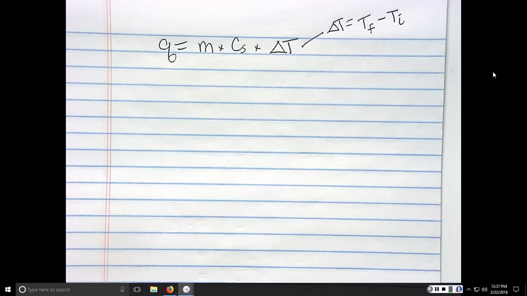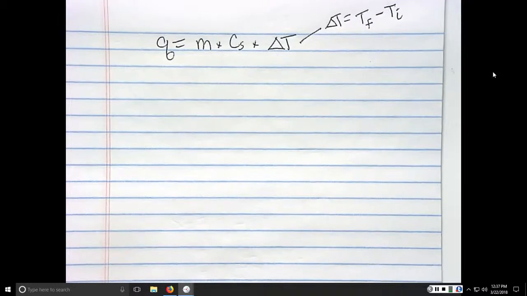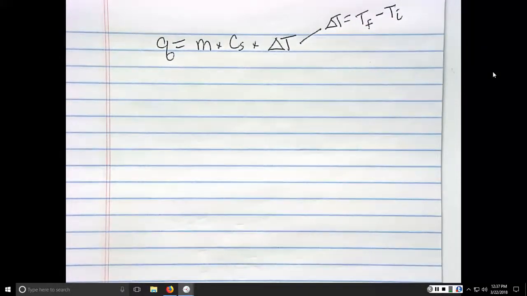I really wish you guys would do this lab, but you don't, and I don't understand why. But one of the labs that you'll do in Chem 2 is the calorimeter lab. They're these styrofoam little containers with lids, and the first part is you'll have room temperature water in it, which you'll measure the temperature of.